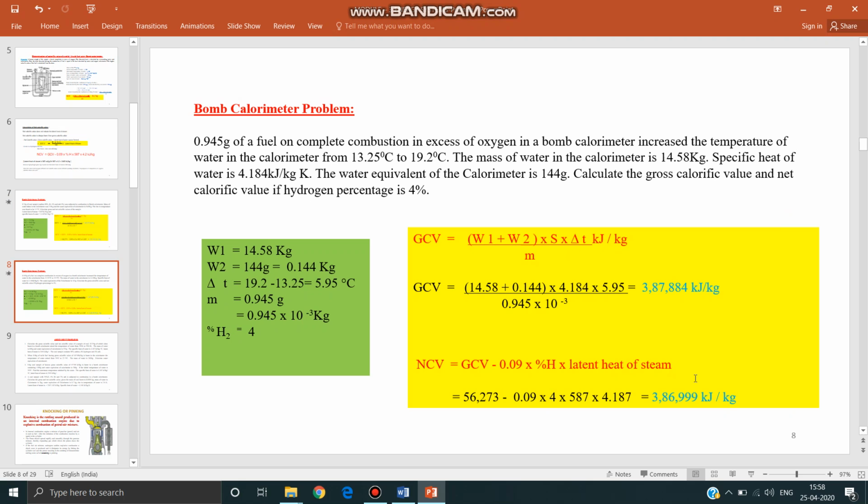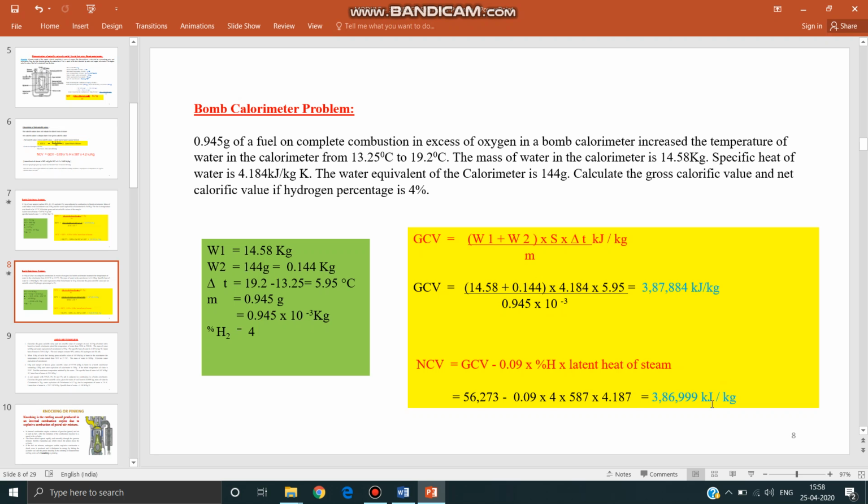Similarly, I have given here one more numerical problem. It's very similar to that. The temperature, whether it is given in degrees Celsius or Kelvin, the difference is the same, so don't convert it into Kelvin scale. But all the units should be in SI unit.